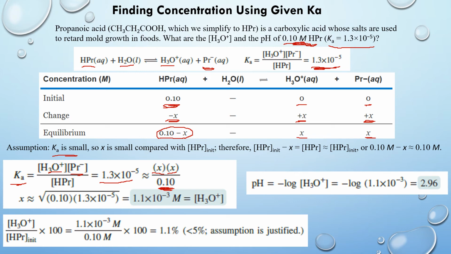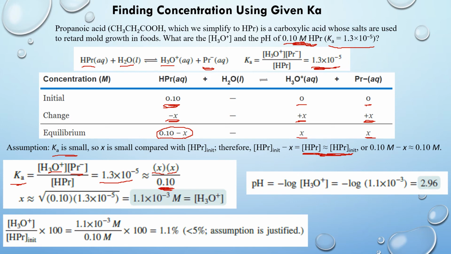For the equilibrium concentration of the acid, which is 0.1 minus x, because x is small, it is almost the same as the initial concentration. So instead of using 0.1 minus x on the denominator, I just use 0.1, because x is so small that the change is negligible.